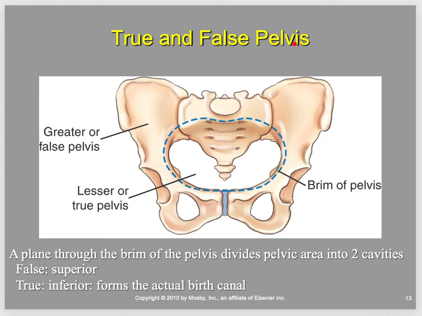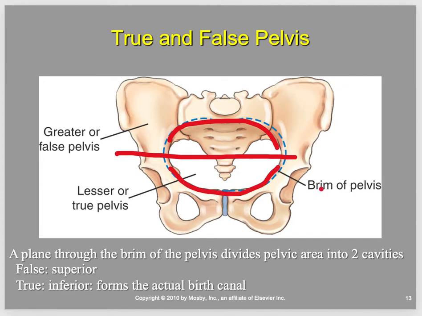So a true and a false pelvis. A plane through the brim of the pelvis divides the pelvic area into 2 cavities. Okay, a false, which is superior, and a true, which is inferior, forms the actual birth canal. So if you draw a line through this pelvis, you have the greater false pelvis, and then you have the lesser true pelvis.